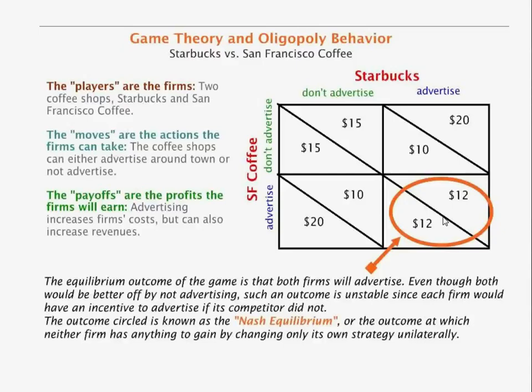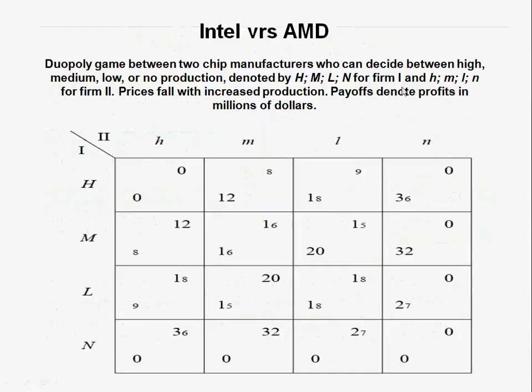He is also doing his best, assuming the other player is also doing best. The outcomes where both players are giving a best response are known as a Nash equilibrium. We'll discuss what Nash equilibrium is later on in detail.